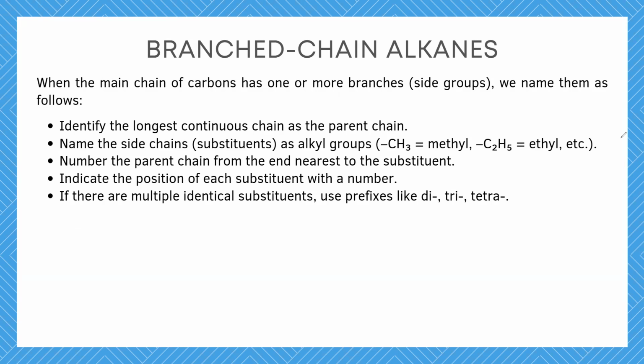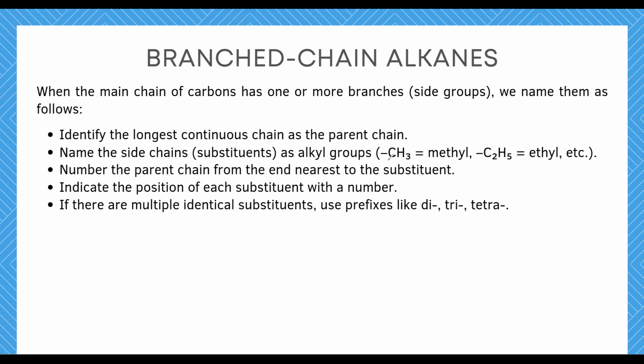Name the side chain, or substituents, as alkyl groups. That's just CH3. CH3 is called methyl. C2H5 is called ethyl. And then so on and so forth. Don't worry, I'll explain what all of that means, okay?